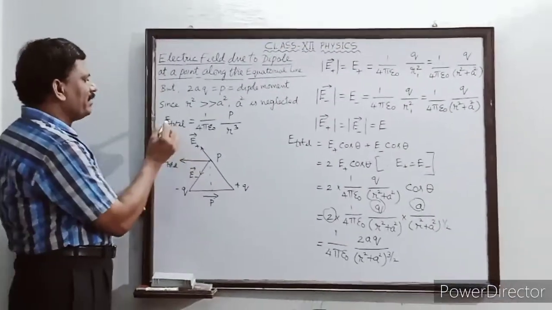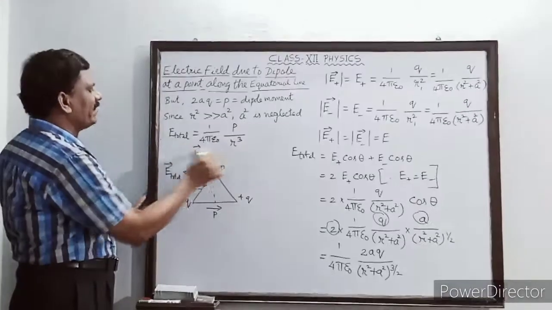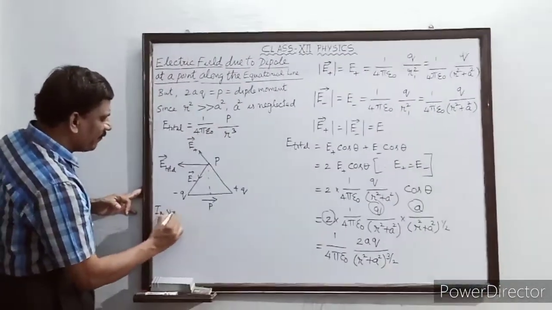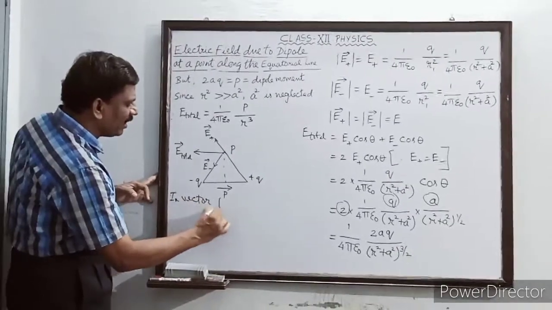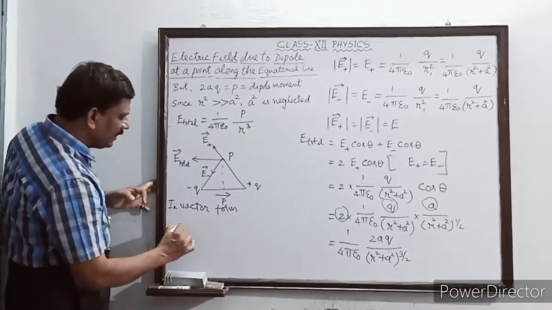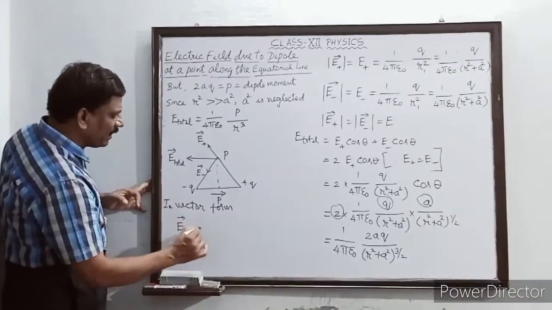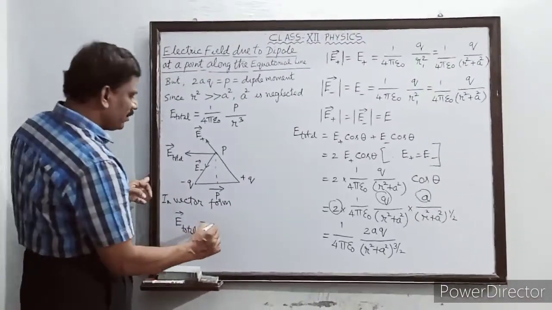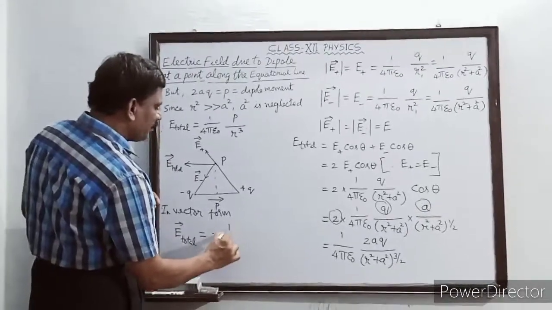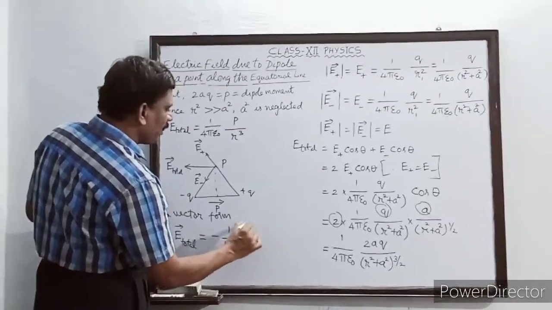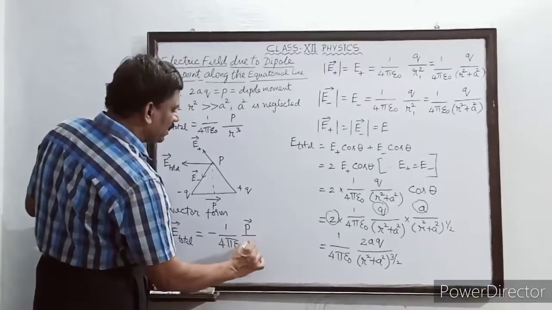Now the same expression, the E total, I am going to write in vector form. In vector form, E total vector is equal to minus of 1 by 4 pi epsilon naught into P divided by R cube.